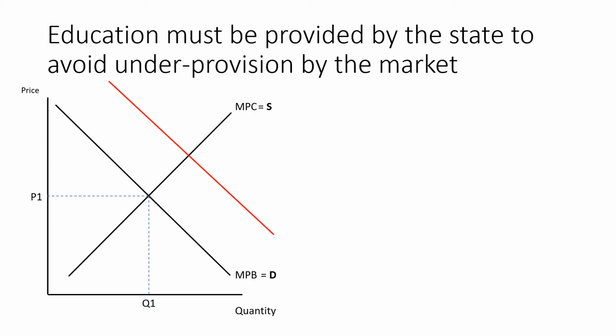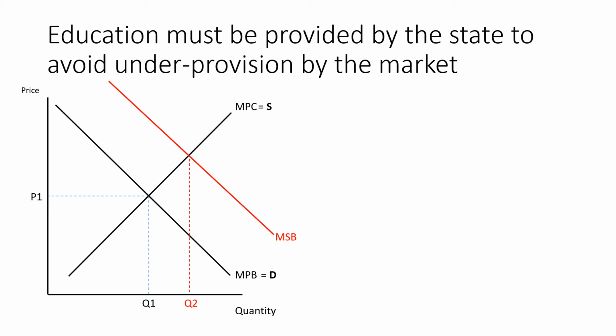So the existence of positive externalities in consumption means that the marginal social benefit of private education is greater than the marginal private benefits. As you know, allocative efficiency occurs at the output level where marginal private cost equals marginal social benefit. So the allocatively efficient level of education is Q2.